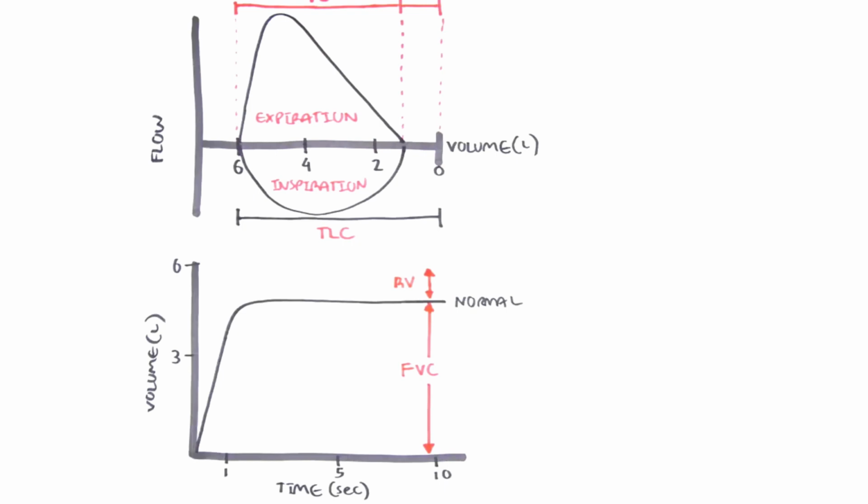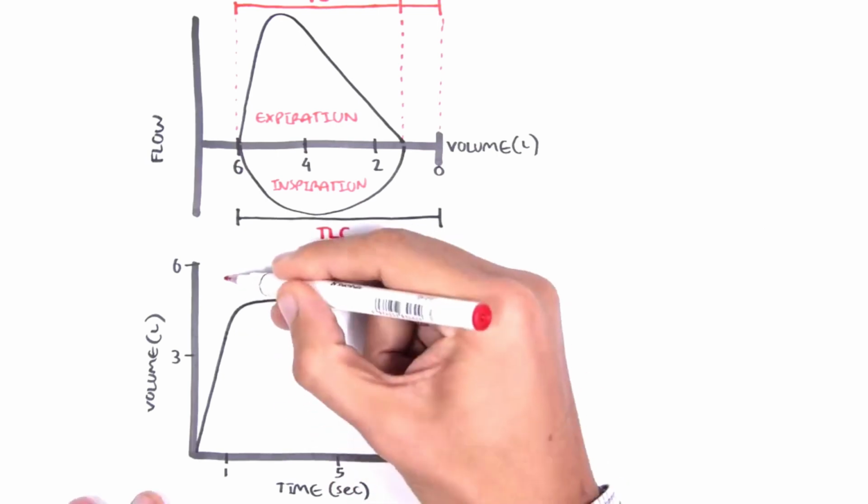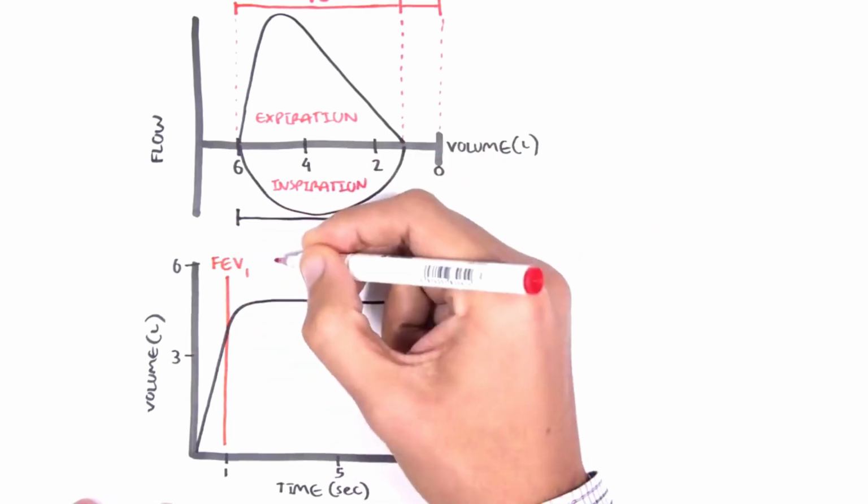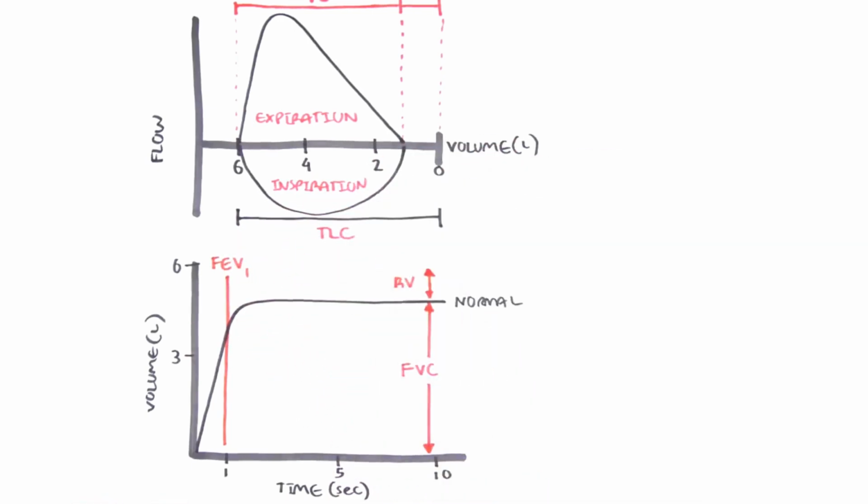Now, this is an important concept. See if you can follow. The fraction of the vital capacity expired during the first second of a forced expiration is referred to as the forced expiratory volume, or FEV1.